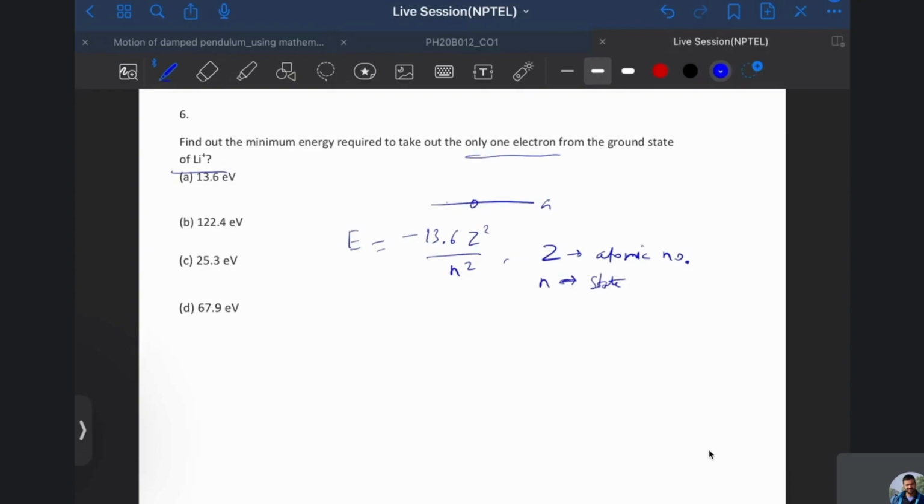So here, since the electron is in the ground state, n is equal to 1, and Z is the atomic number of lithium, which is 3, right?